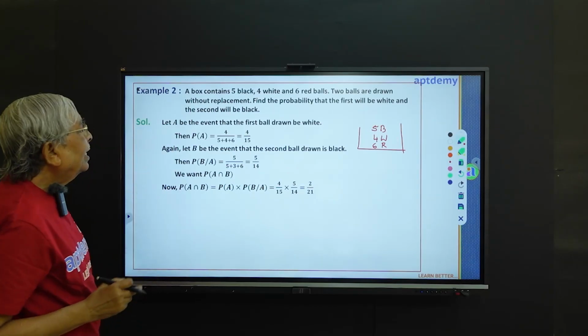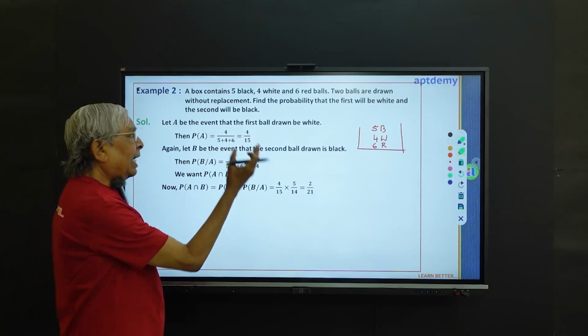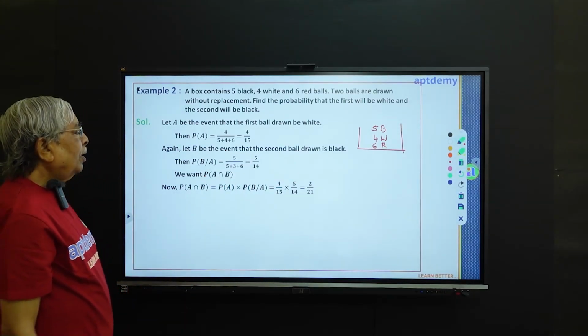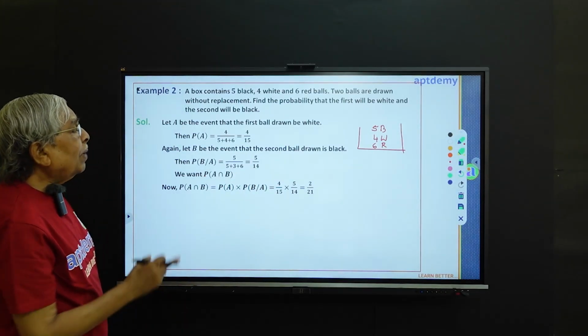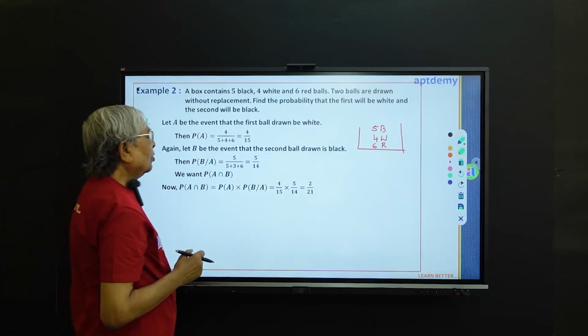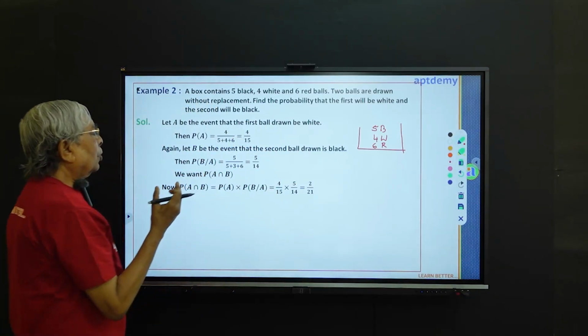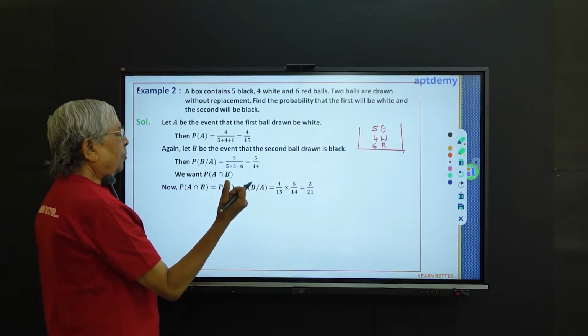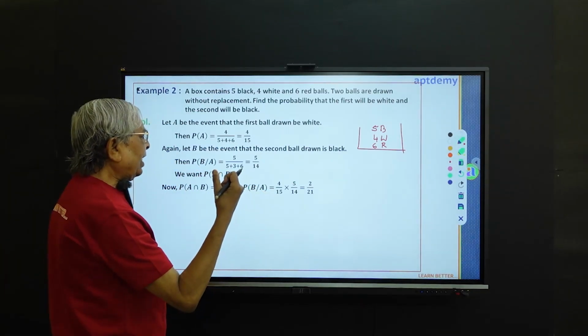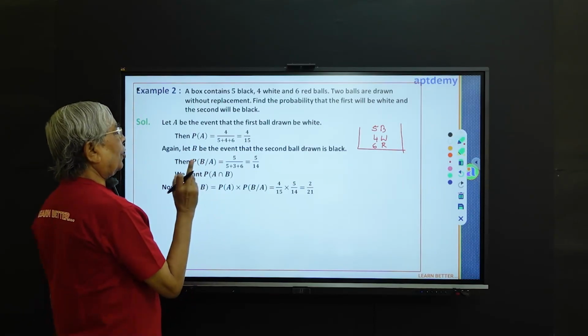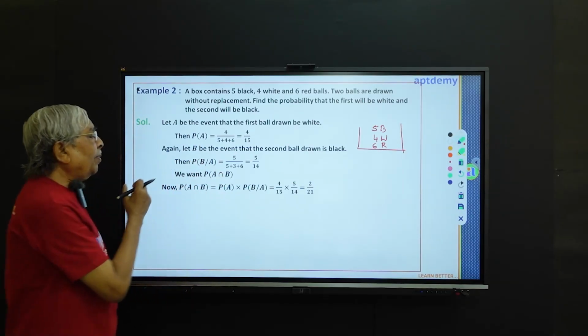We know that the first ball is white and then we have to find the probability of a black ball. There are 5 black balls. As it is without replacement, one white ball is taken, so the number of balls is now 14. So what is the probability of B by A?